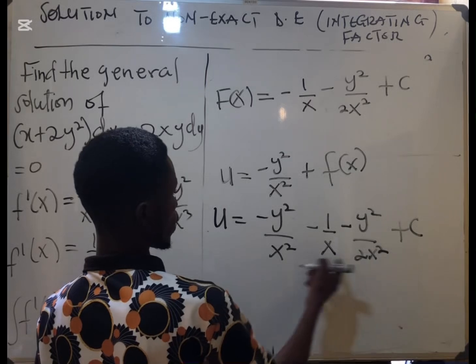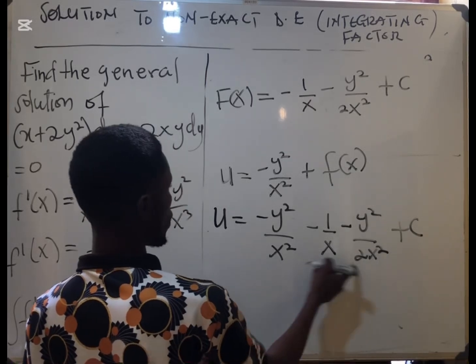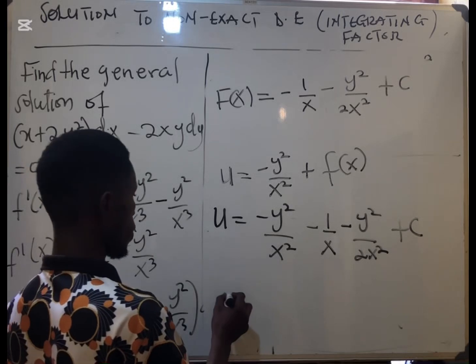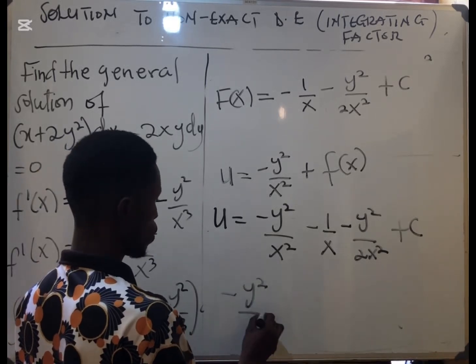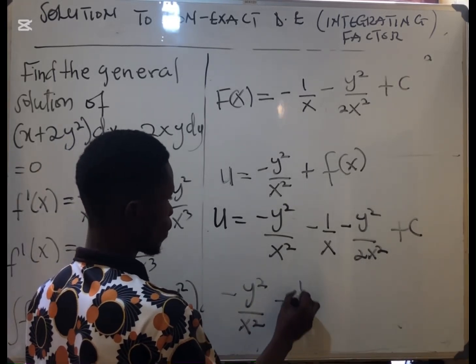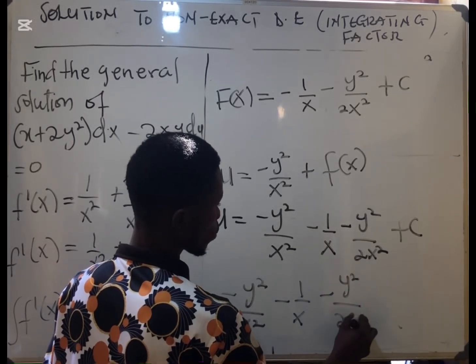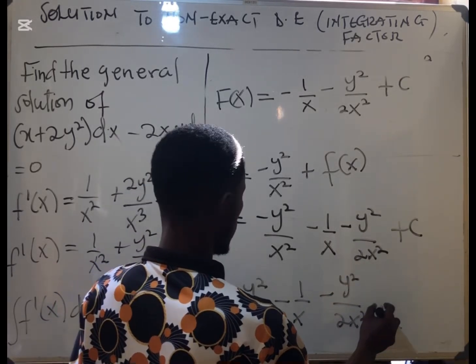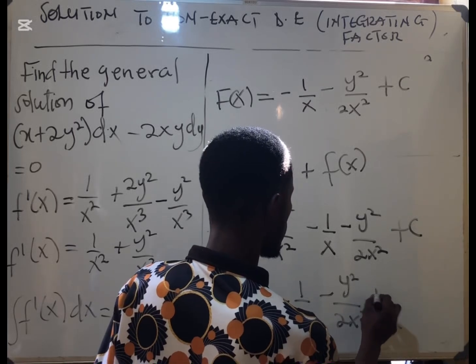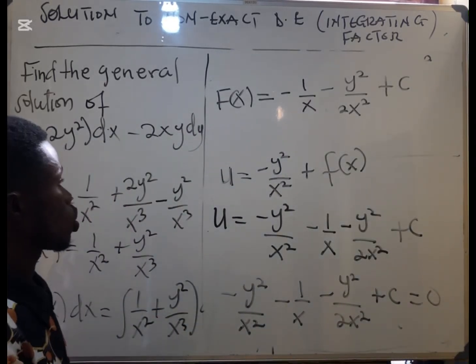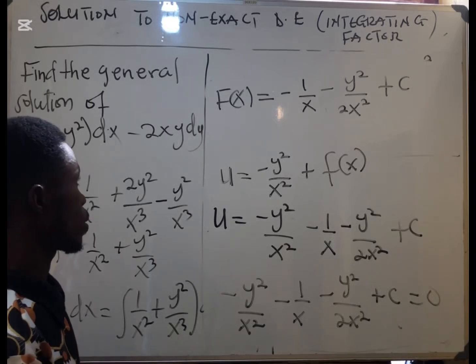This and that are like terms, so we can add them together. You can do it yourself at that point. So from here you have negative y squared over x squared minus 1 over x minus y squared over 2x squared plus c equals 0. So this one becomes our general solution.